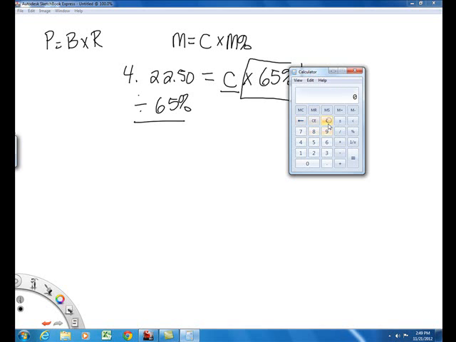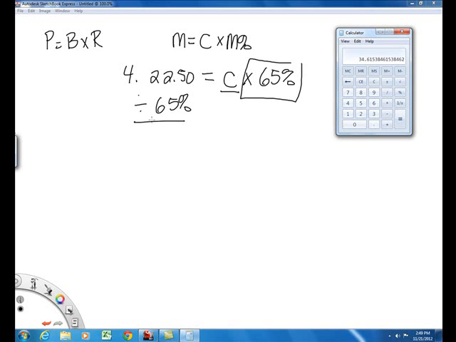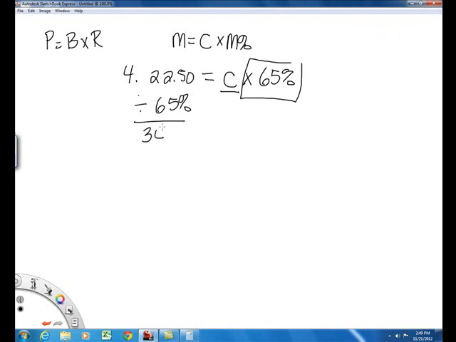It wants me to change this to a decimal first, so $22.50 divided by 0.65. Okay, that's better. And that tells me that $34.62. That's my cost.